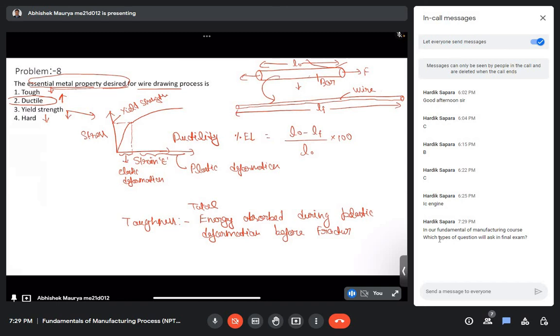Okay, Hardik has a doubt about our Fundamentals of Manufacturing course: what type of questions will come? The questions will be simple only. Whatever concepts, numerical or theoretical things are being asked and taught in the questions, from that only you will get the questions in the final examination.